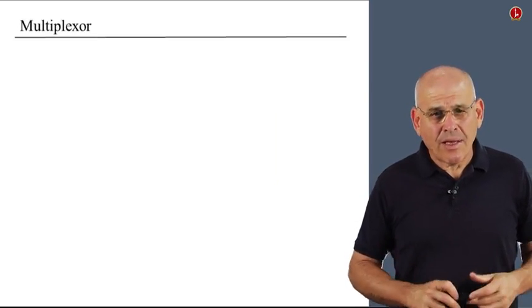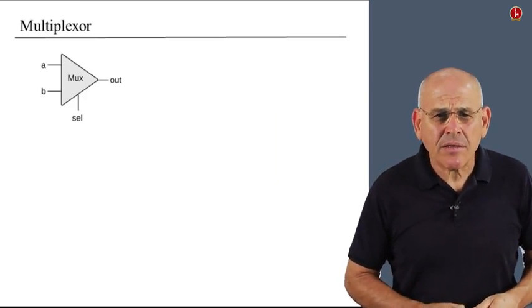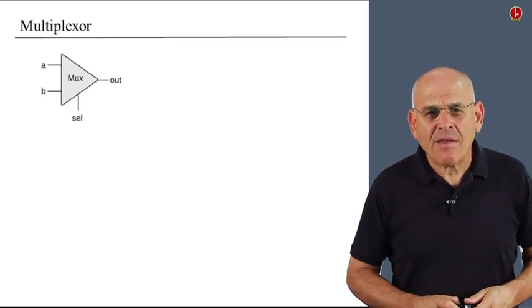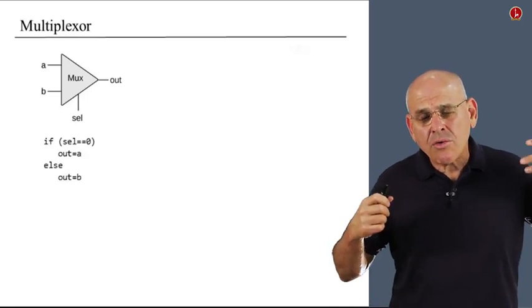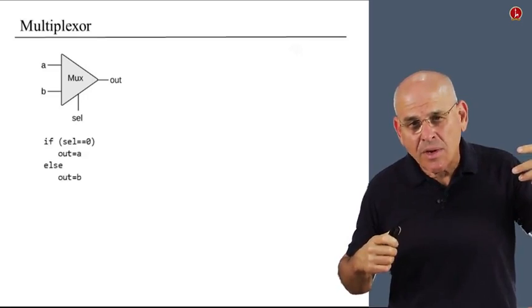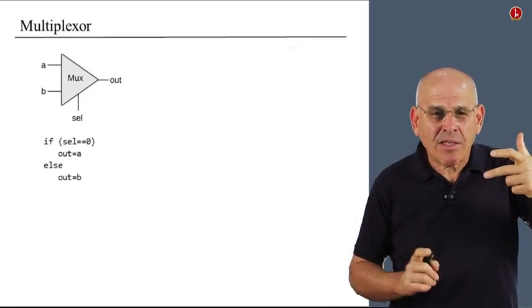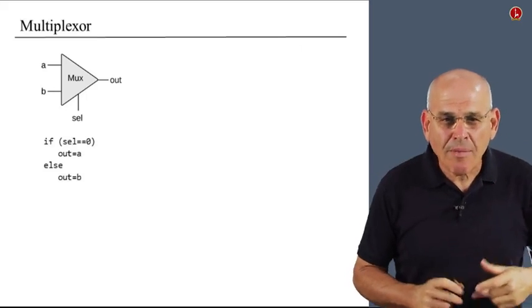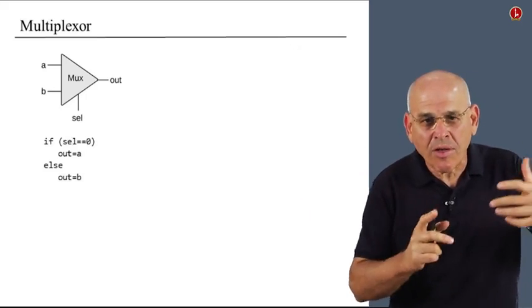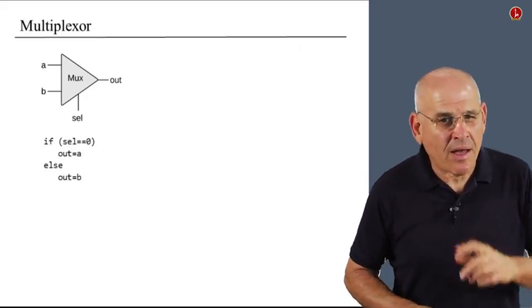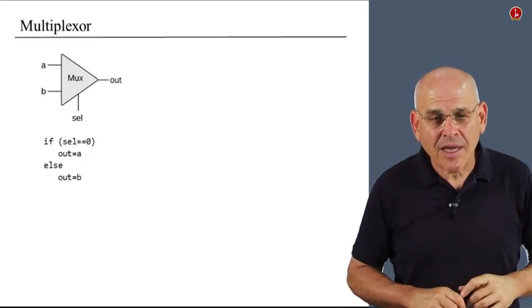So what is a multiplexer? A multiplexer is a gate that operates as follows. There are two inputs coming in, and we denote them A and B, and there's a select input coming in, so-called, from the bottom. Of course, in reality, there's no bottom and left, but I'm talking about this gate diagram here.